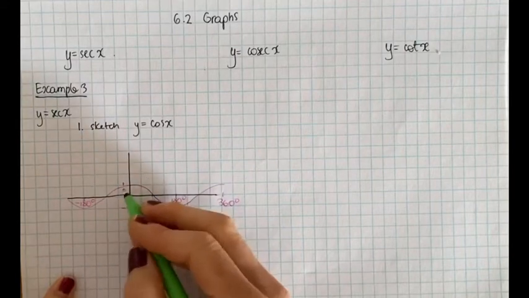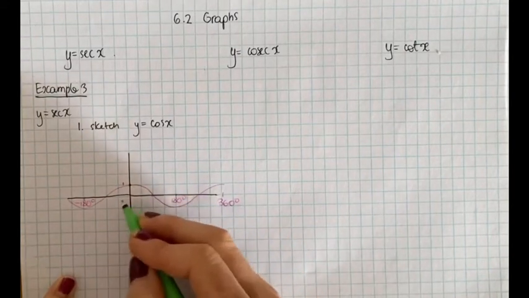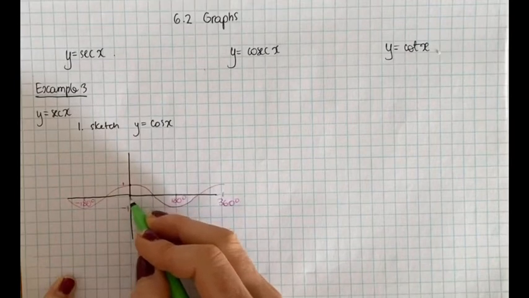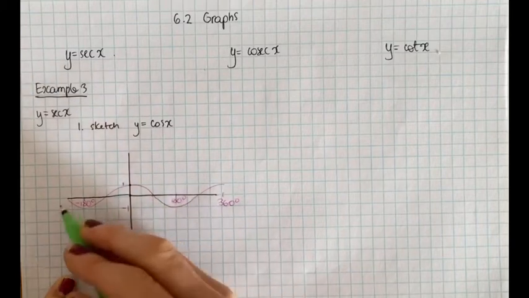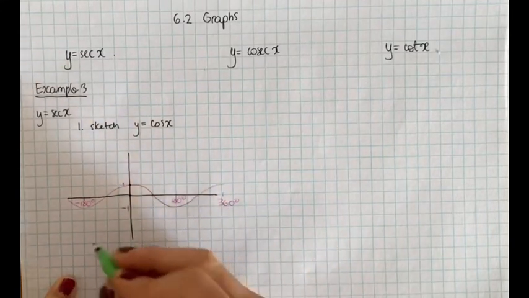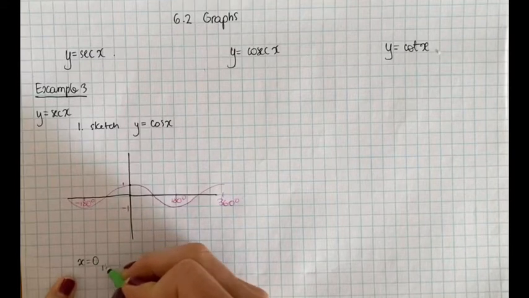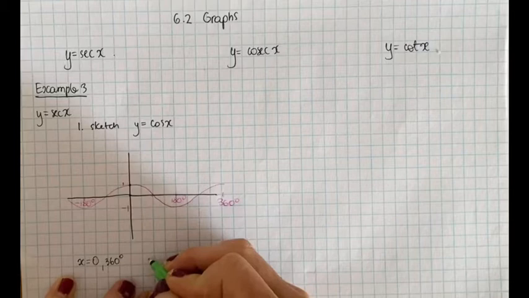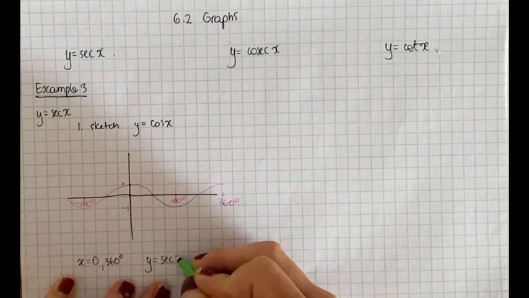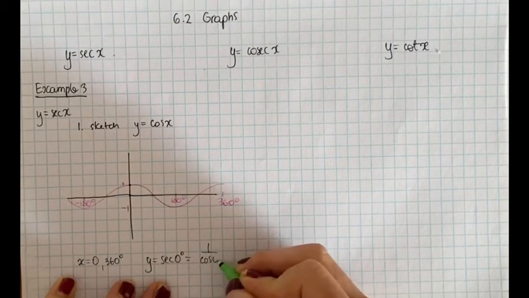So let's see what happens for those key values: when x is equal to 0, 180, minus 180, and 360. So when x is equal to 0 and 360, you are going to have sec 0, which is the same as 1 over cos 0.